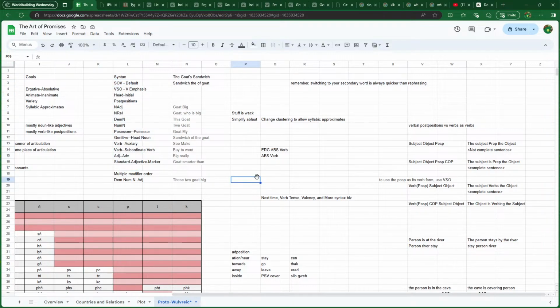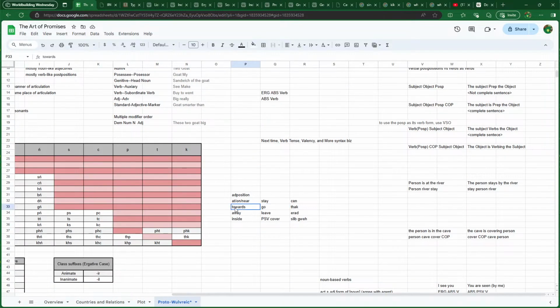So in order to say something is at or on or near, we're basically saying that it's staying at the place, right? Or towards something, we use go because you're going at it. Or away, you're leaving it, or you're performing the verb in such a way that you leave it.